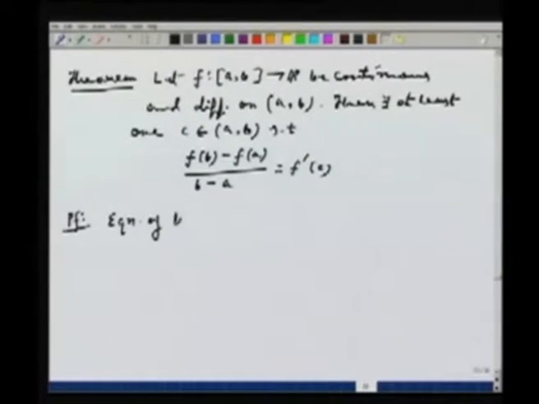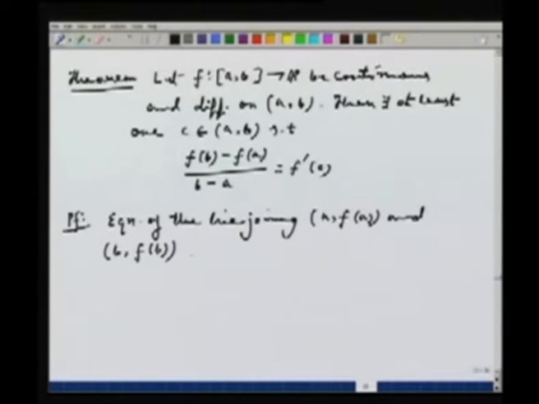The equation of the line joining (A, f(a)) and (B, f(b)) is y minus f(a) equal to (f(b) minus f(a)) by (b minus a) into (x minus a).